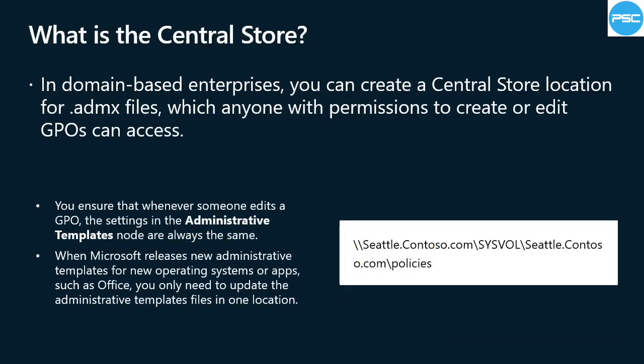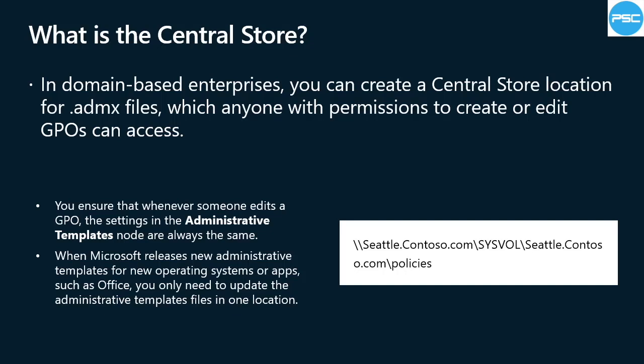In domain-based enterprises, you can create a central store location for ADMX files, which anyone with permissions to create or edit GPOs can access. The Group Policy Management Editor automatically reads and displays administrative templates policy settings from ADMX files in the central store, and then ignores the ADMX files stored locally. If the domain controller or central store is not available, the Group Policy Management Editor uses the local store.